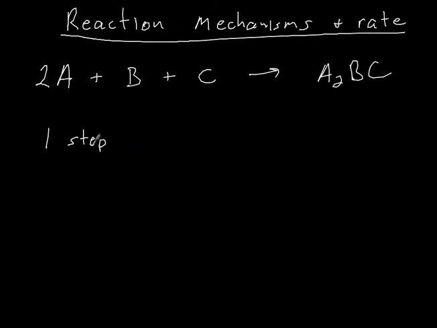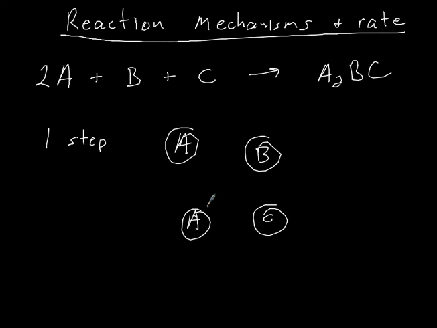Because for this to be a one-step reaction, you have to have two particles of A, a particle of B, and a particle of C all come together and collide at the same time with the proper orientation and the proper amount of energy. The odds of that happening are astronomical. It doesn't happen. This kind of reaction that has four reactant particles go into a single molecule would never, ever be a one-step process. It would always be multiple steps.